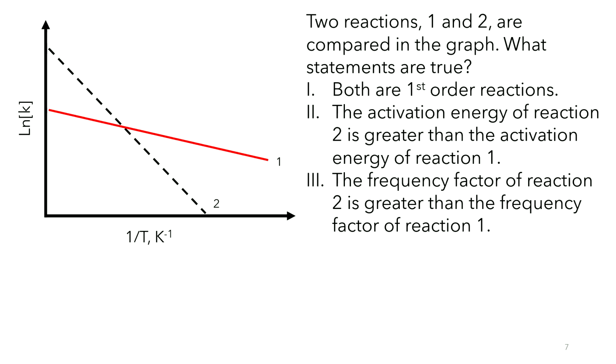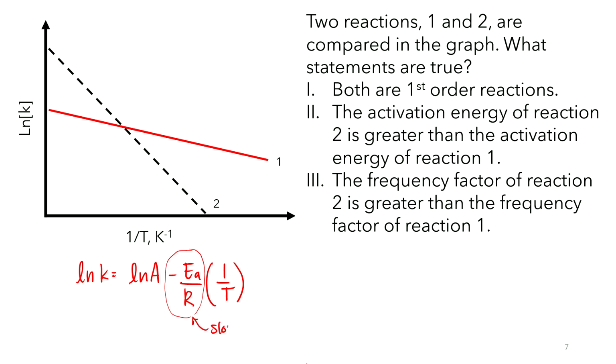So if I were doing this on the exam, I'd write underneath it ln of k equals ln of a minus ea over r, and I like to split the 1 over t out because that makes it really clear that my slope is negative ea over r, and that my intercept is the natural log of my frequency factor. Yes, that's on the formula sheet. Because I looked at my axes, and I know that I am changing temperature, and I'm tracking how K changes.